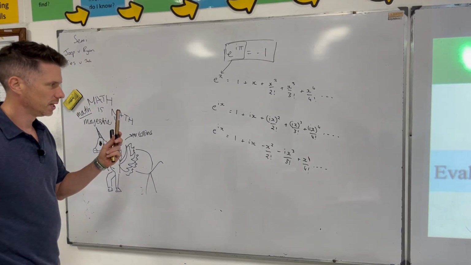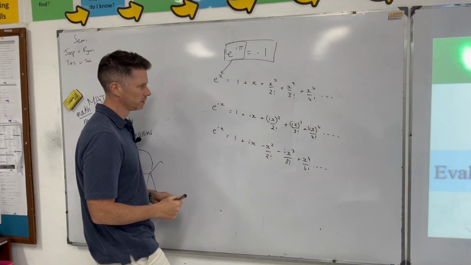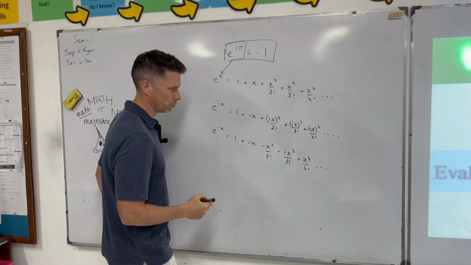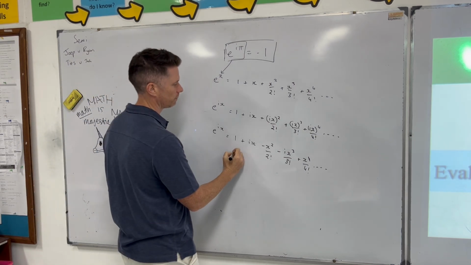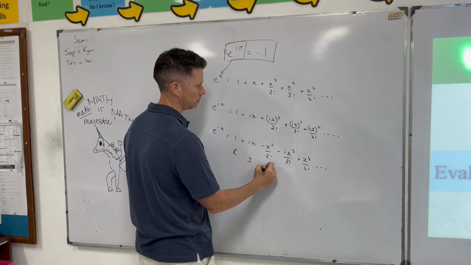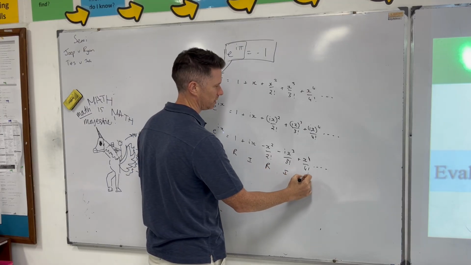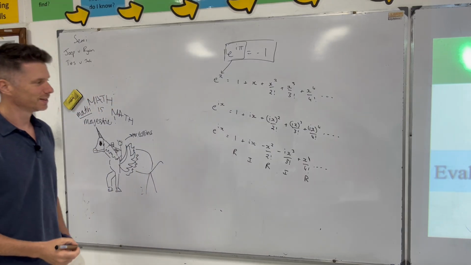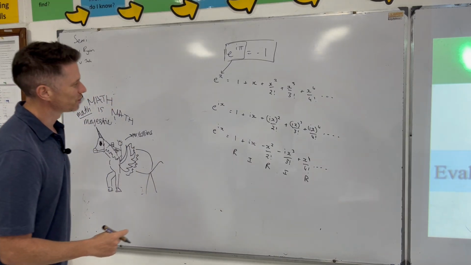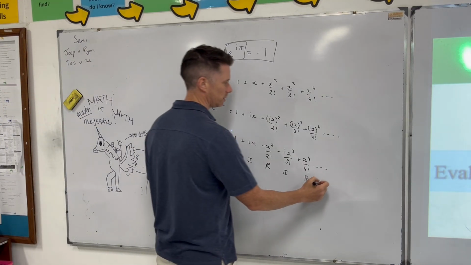I notice that every second one is imaginary. So I have real, imaginary, real, imaginary, real, imaginary. So every second one is going to be imaginary.